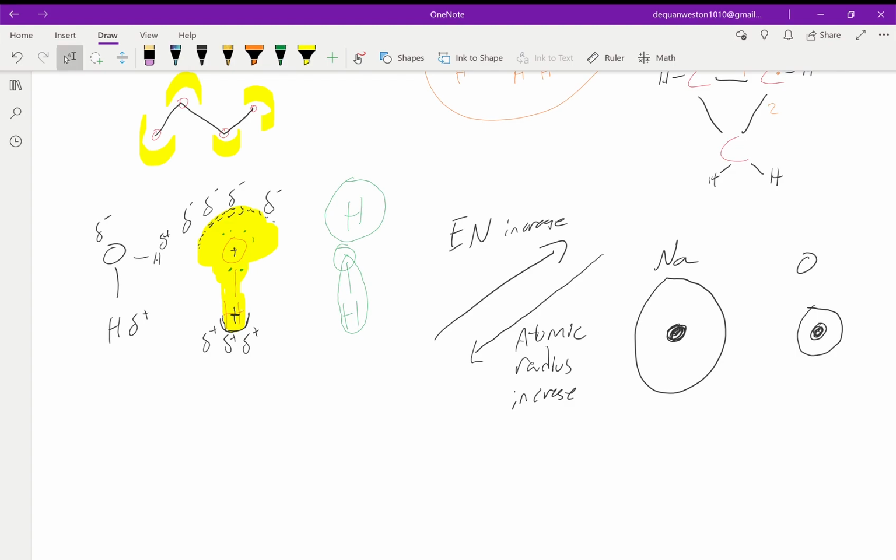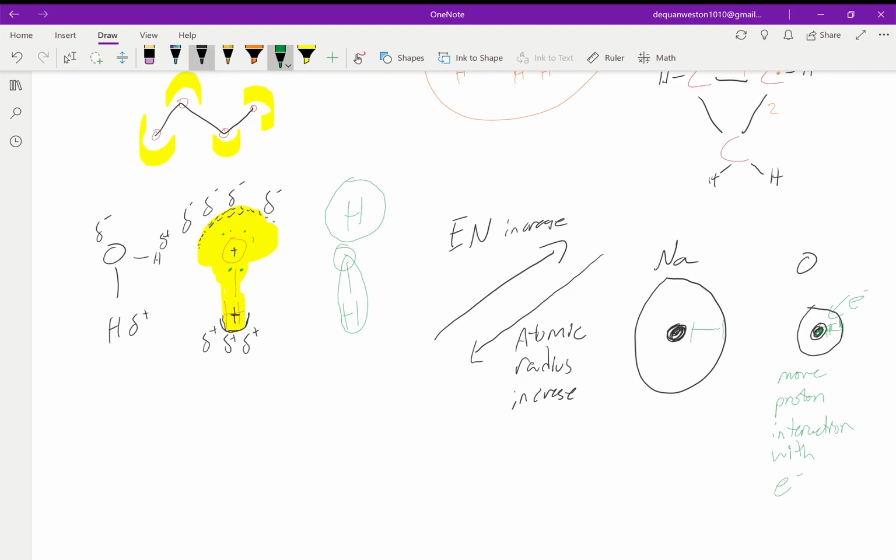This distance, so as the molecule gets bigger, this distance is decreased, which means the protons are further away from the electrons. So these protons are very close to the surface, which is why any electrons are going to be drawn to it. There's a lot more proton interaction with electrons. And so that basically explains that.